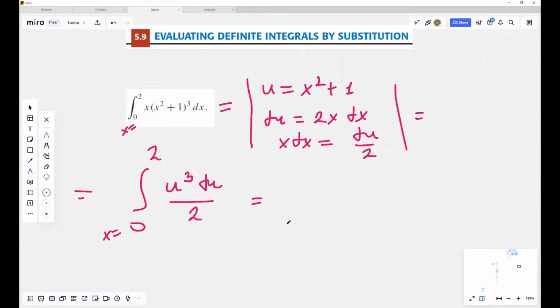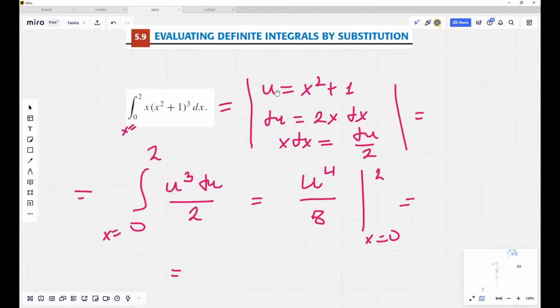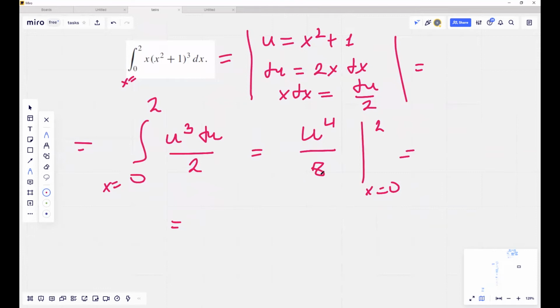So this integral is equal to u to the power of 4 over 8. And boundaries of integration are for x. So now we have to substitute a function of x instead of u, such that our boundaries will fit: x squared plus 1 to the power of 4 over 8.